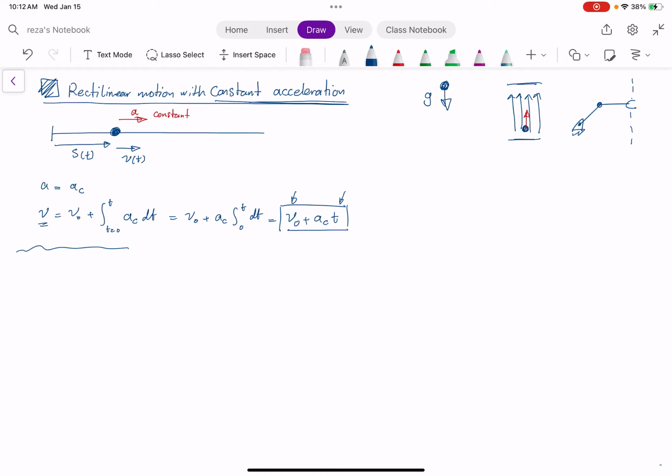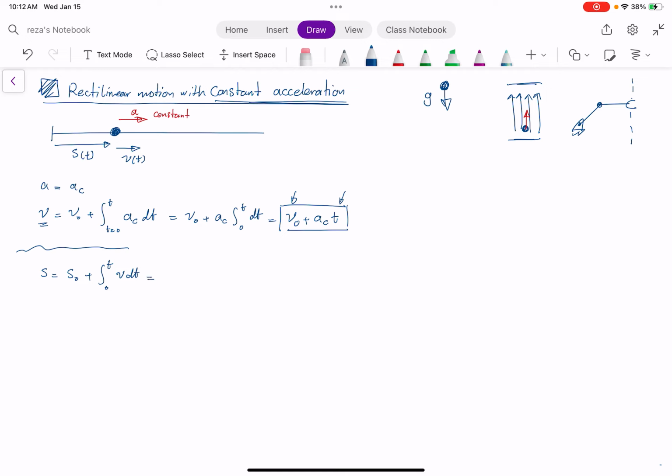Let's go one step further and look at position. S is S naught at the beginning plus the integral from 0 to t of v dt. Position is the integral of velocity.